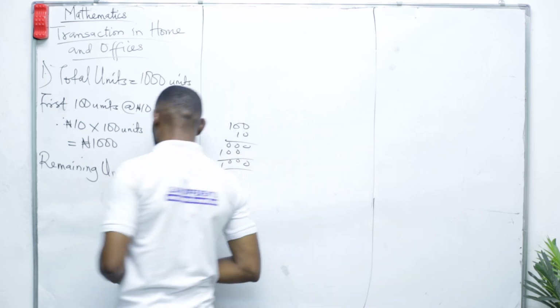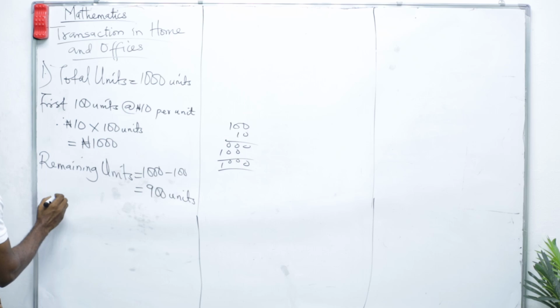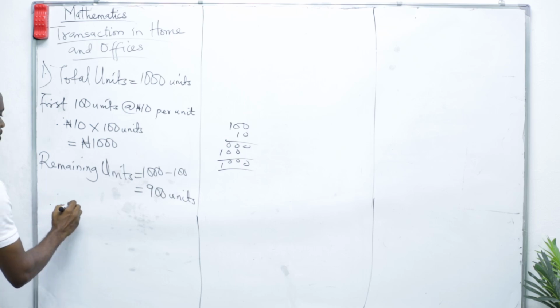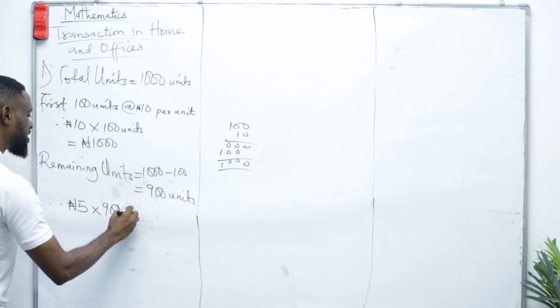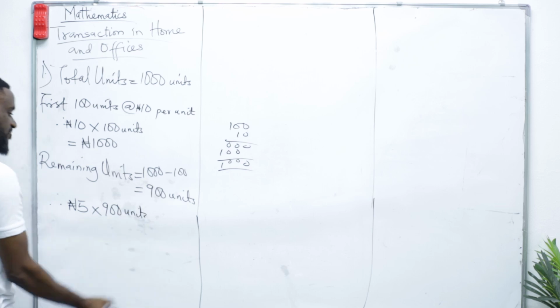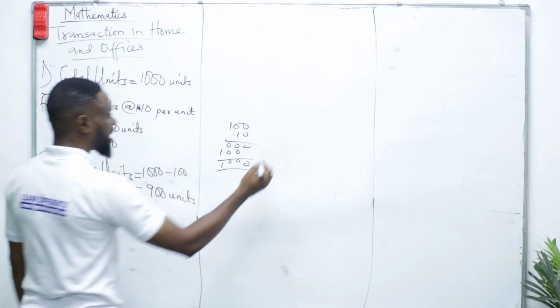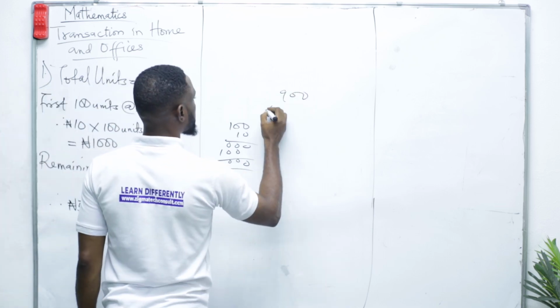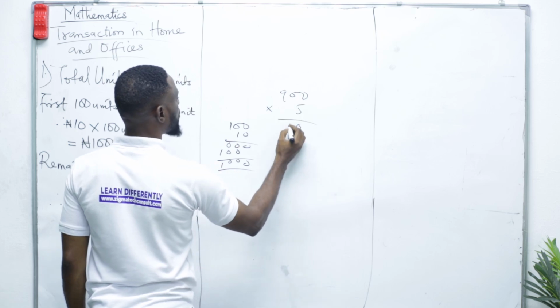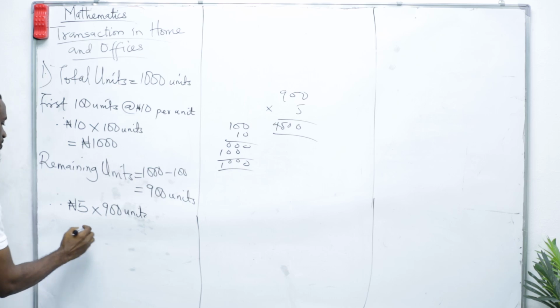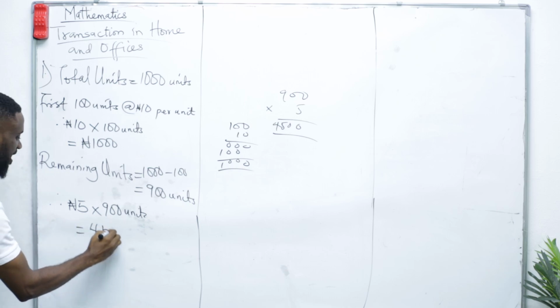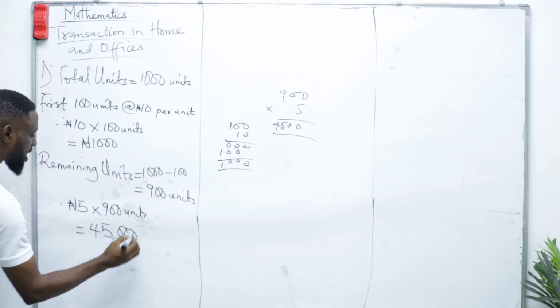So it means that this is therefore 5 naira per unit multiplied by the 900 units that is now left. Okay, so we check 900 times 5, 9 times 5 is 45, so this is equal to 45,000 naira.